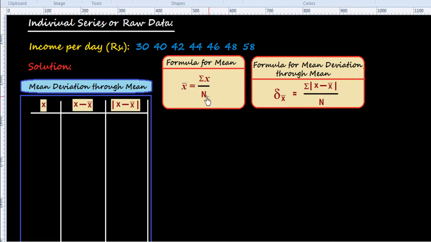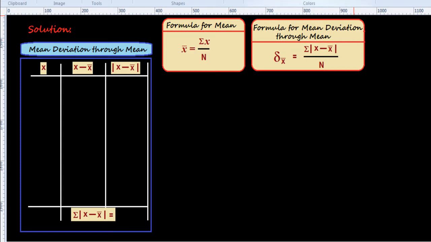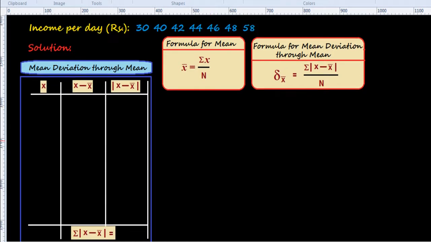So what we do, first we find the mean. I write down the mean. First I write down this data here. x is given to us from 30.